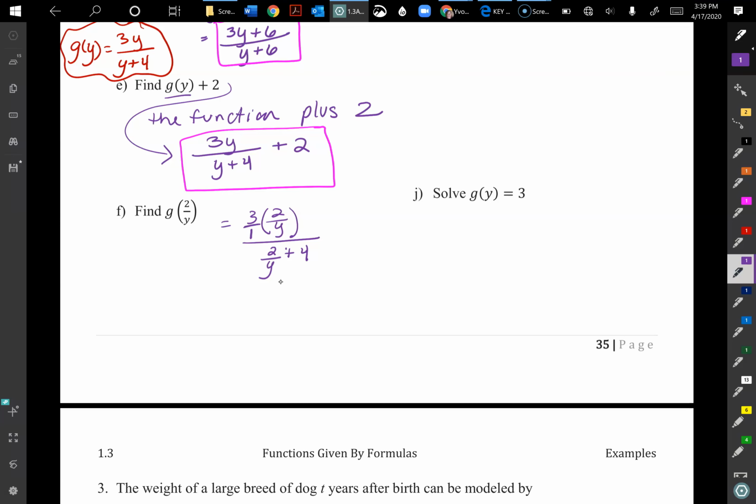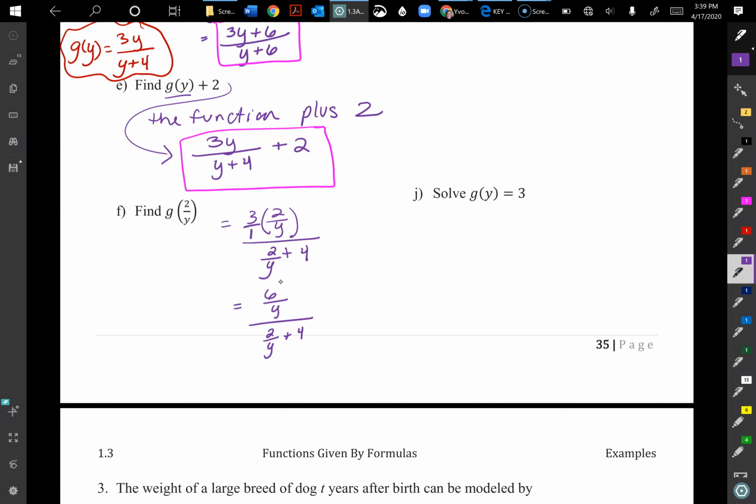So if you tend to just quickly look at that and get it wrong, just put it over 1. We'll solve that problem. And now, not too much to do really to simplify. There's a couple of different routes you could go. I'm going to multiply here, so I have 6 over y, and then I have 2y plus 4.